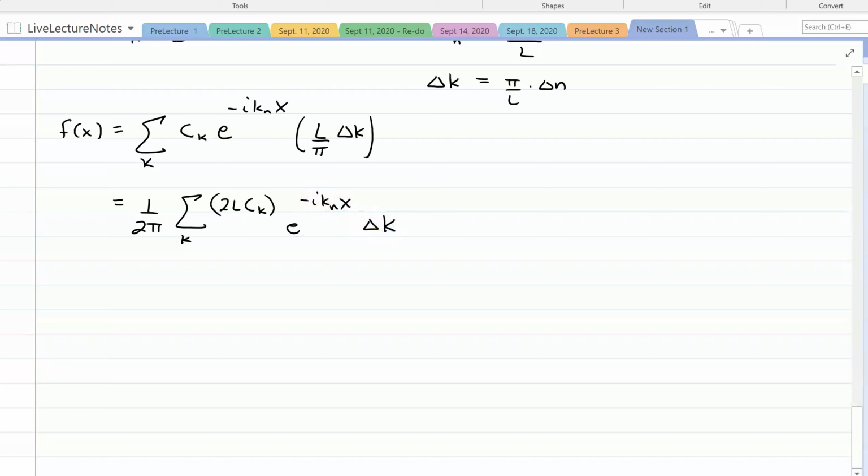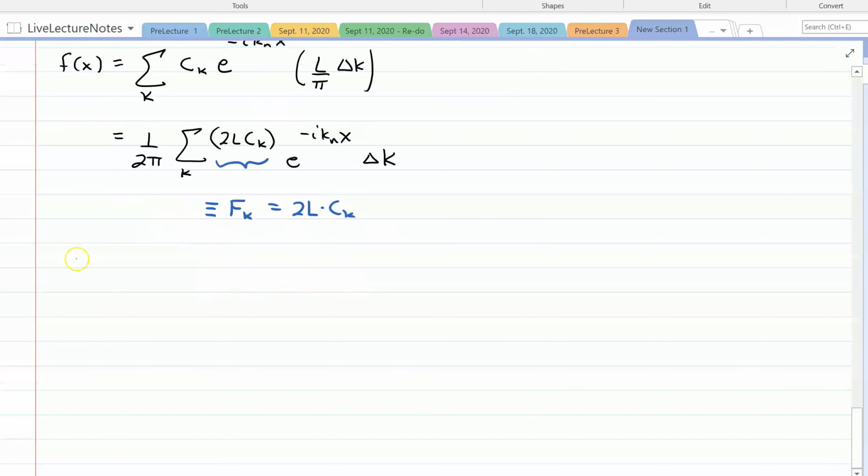So that's the same thing as I wrote above. I just pulled out a 2 just because that's what people normally do. And then this is another constant. Ck is a constant, right? And then it's just multiplied by 2L. So I'm going to call this thing, which people normally call capital F sub k, defined to be Fk, which is 2L times c sub k.